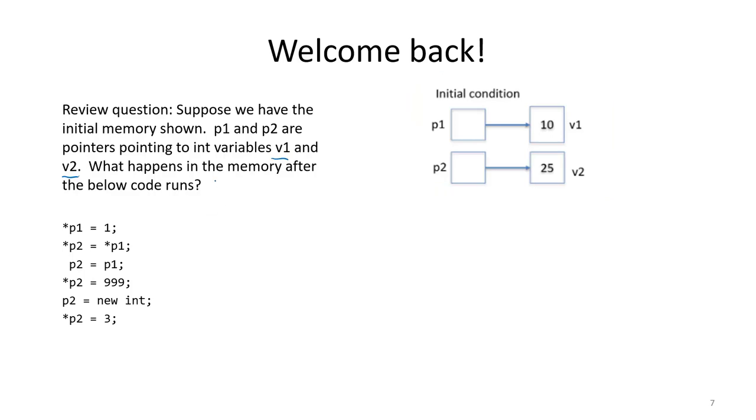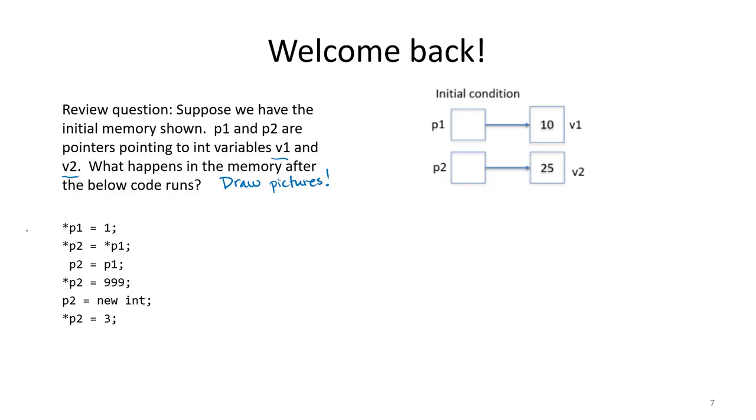So for questions like this, draw pictures. Drawing pictures will make it a lot easier to keep track of what is happening. So let's go ahead and draw on the existing picture we've been given, and we can go through this program line by line and keep track of what's happening.